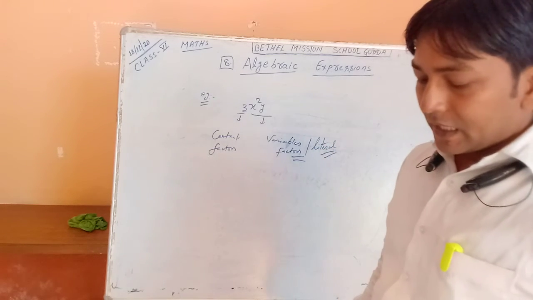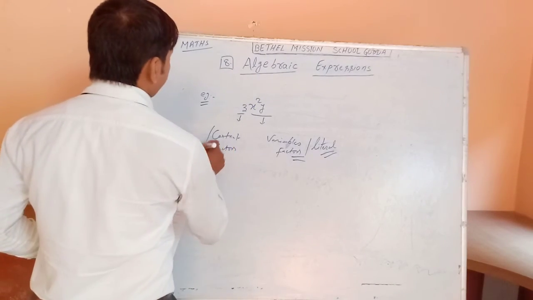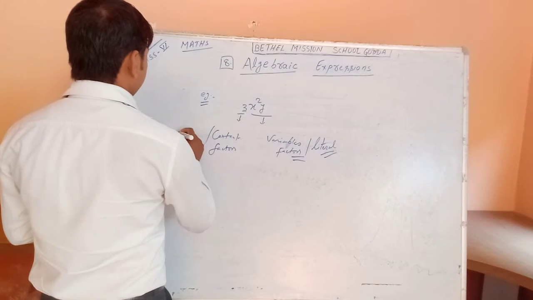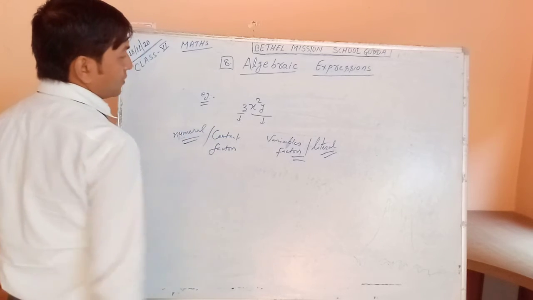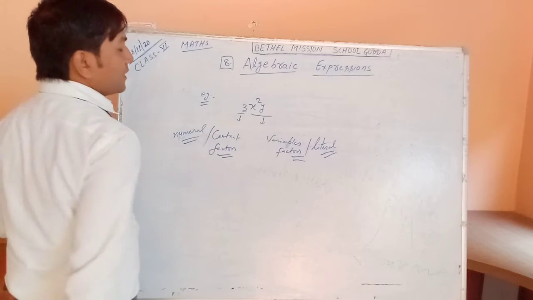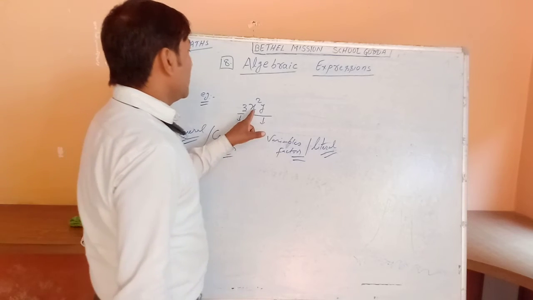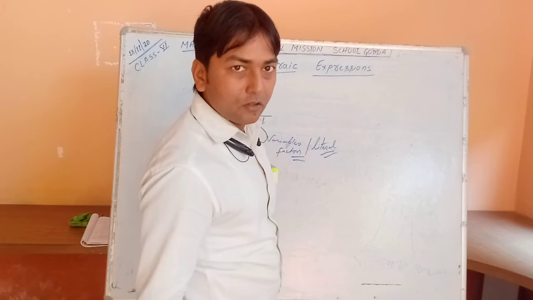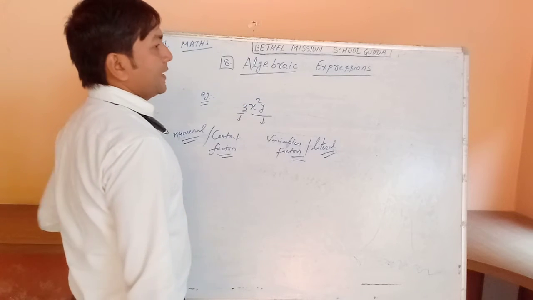Literal factor and constant factor, or this is also called numerical factor, numeral factor. The constant term is called numeral factor or constant factor, and x square y is called variable factor or literal factor.